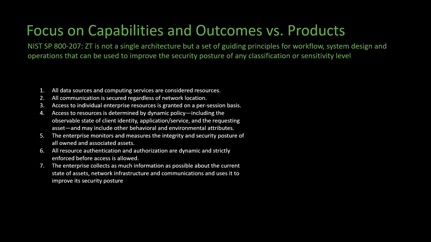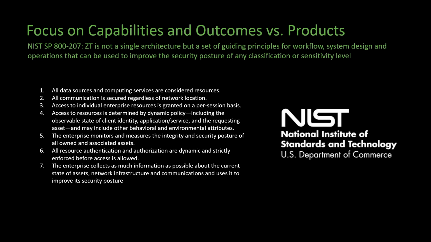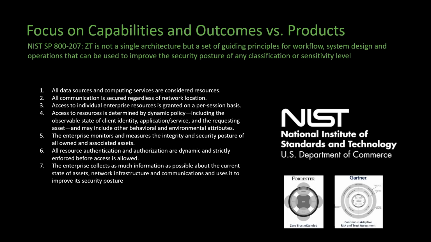The goal here is obviously to continually improve our security posture. And so that's what NIST outlines. And there's Forrester, there's Gartner, and you can probably Google it, anybody's opinion on what zero trust is. But these are the 7 guidelines or principles that you're going to follow to achieve zero trust.